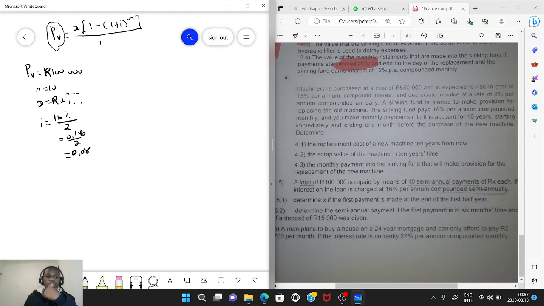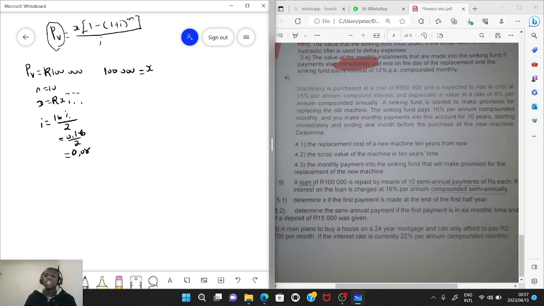Now we are asked to determine the monthly installment. So you copy the formula the way it appears and then you substitute. In place of PV, you put 100,000 and then you have X, right? And then 5.1 says determine if the first payment is made at the end of the half year.